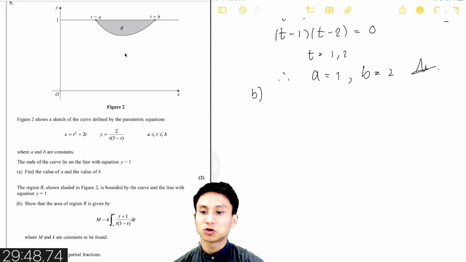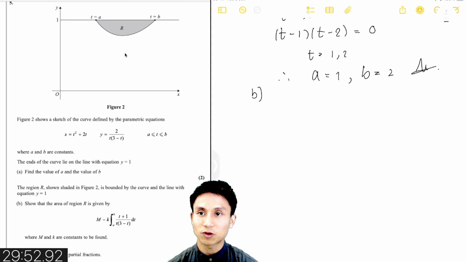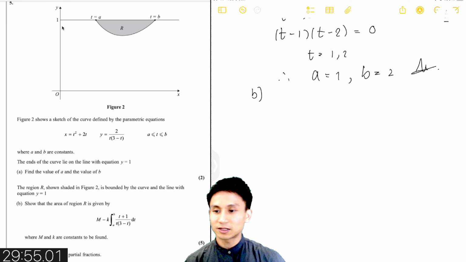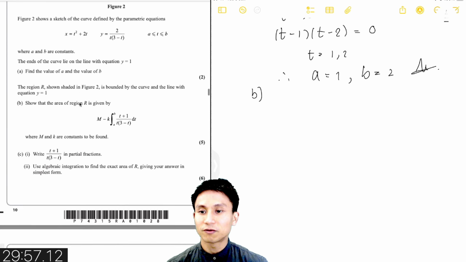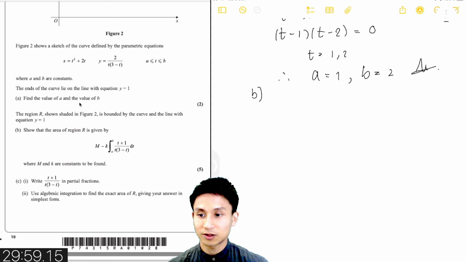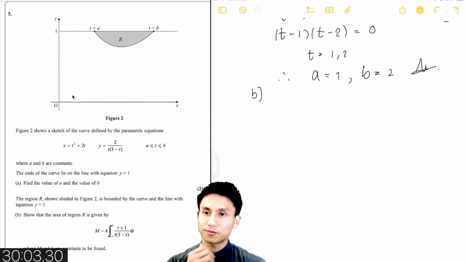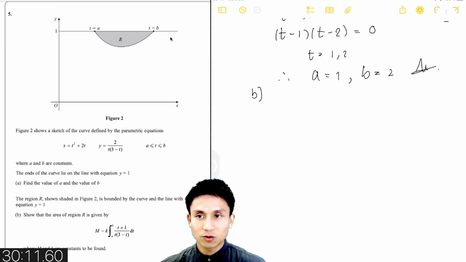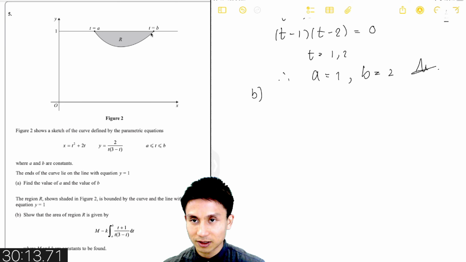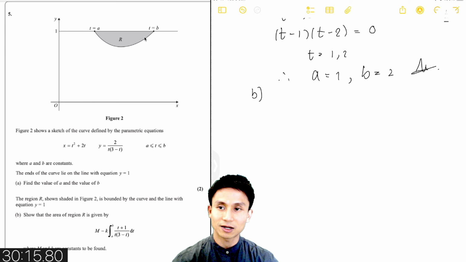The region R shown shaded in figure 2 is bounded by the curve and the line with equation y equals 1. Show that the area of region R is given by that. Okay, so we're going to do integration to find that area. So we have the line y equals 1 with the curve here, and we're going to integrate that.